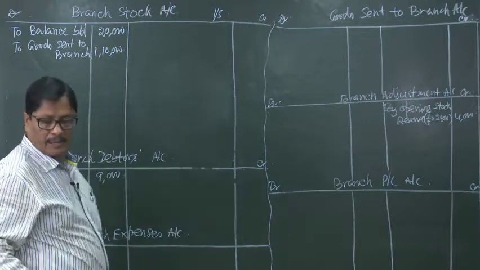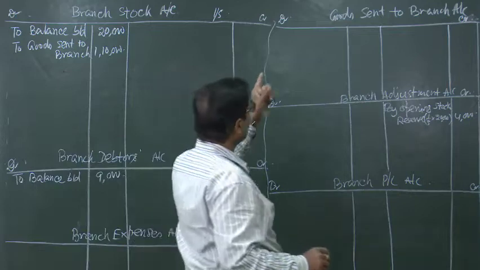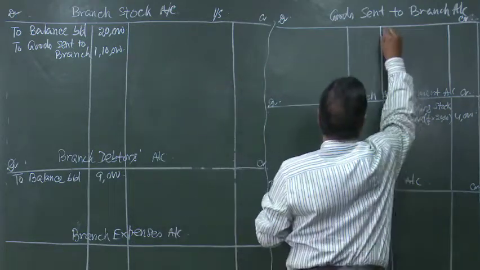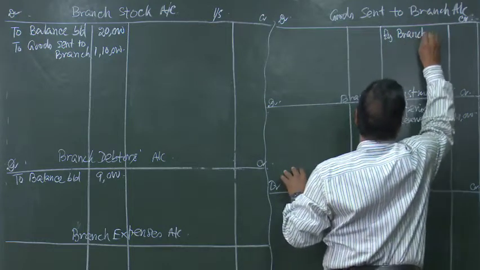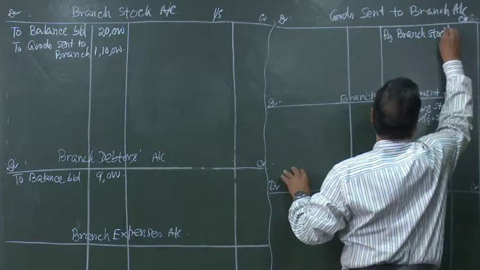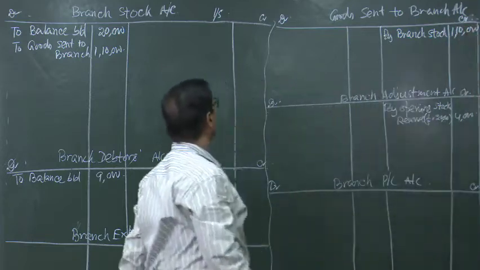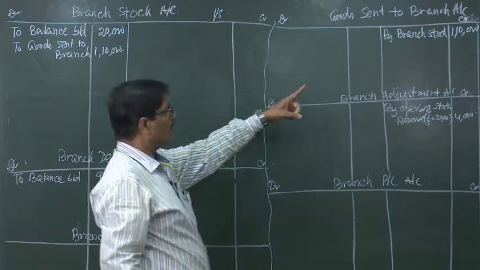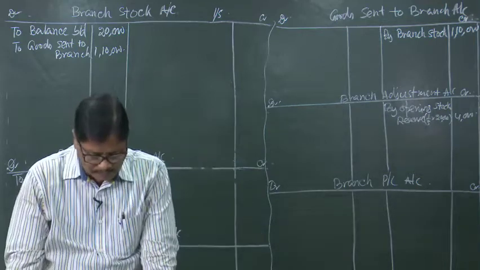So, naturally, the entry will be: branch stock account debited to goods sent to branch, goods sent to branch account is credited by branch stock. This is the double entry.